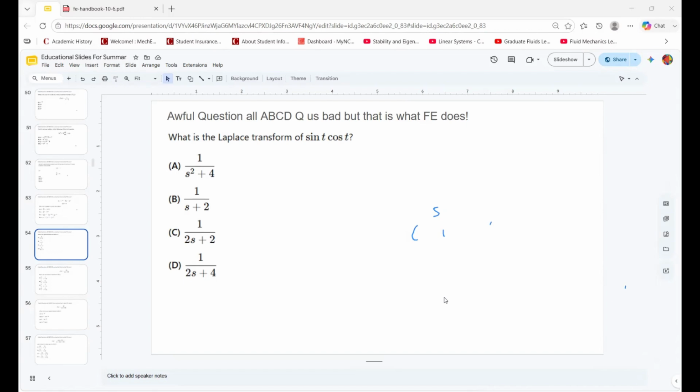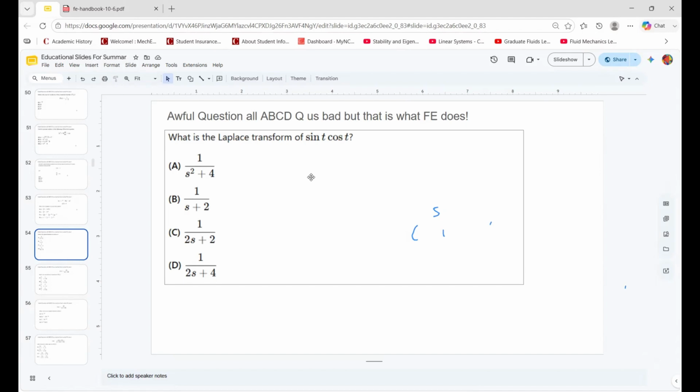What am I missing? There's s squared over here. Let's see, I'm just going to look at my own table and see what's going on here. This question must have a way of doing it.